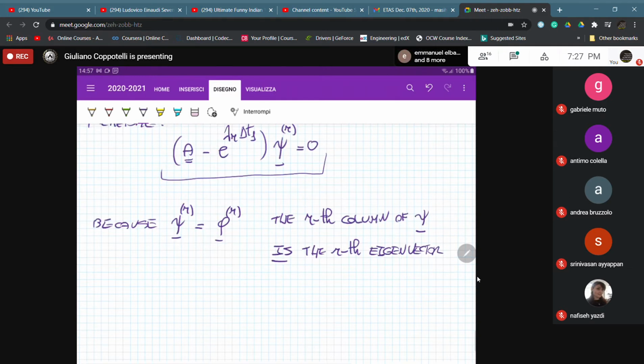So the previous equation could be written as A minus e to lambda r delta T1 times phi r equal to 0.